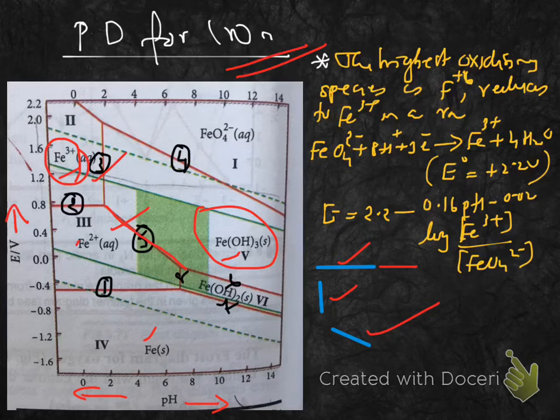Line 1, which represent equilibrium between Fe and Fe2 plus, where equation is Fe2 plus 2 electron gives Fe. That is the equation.